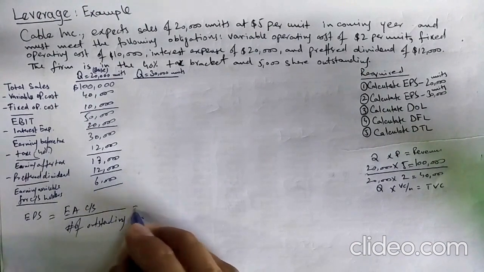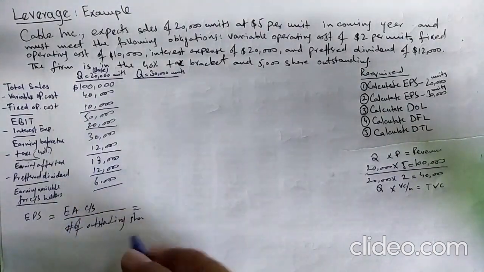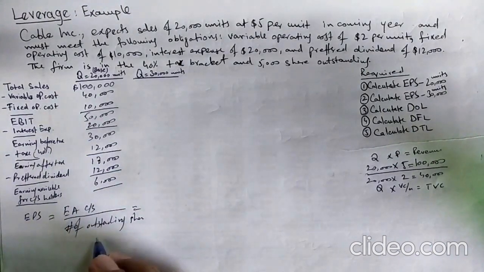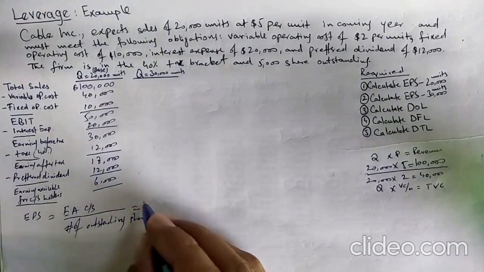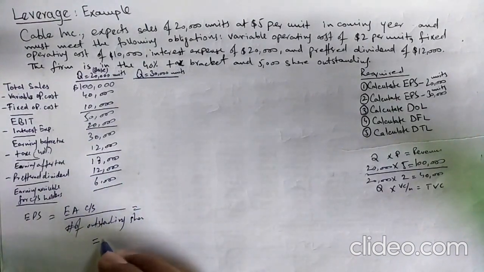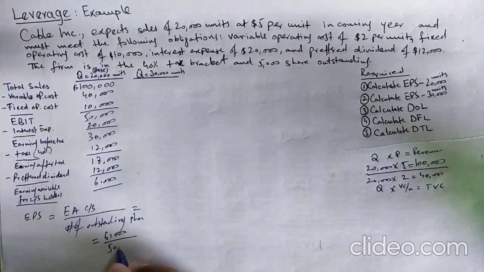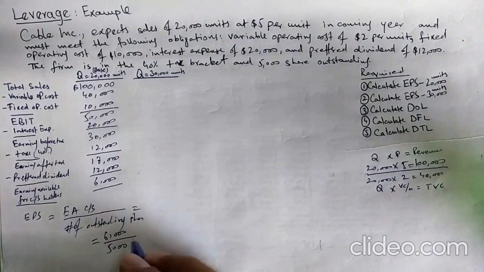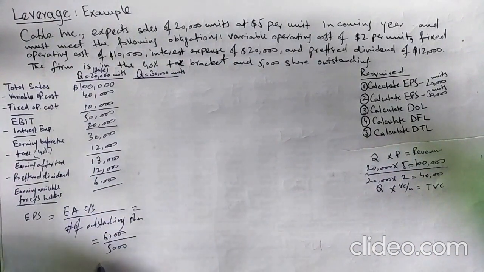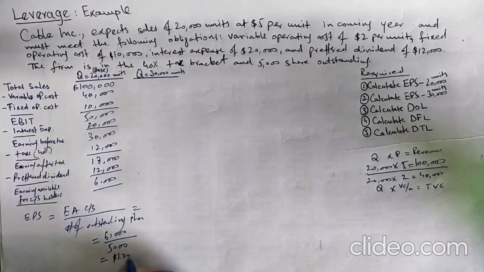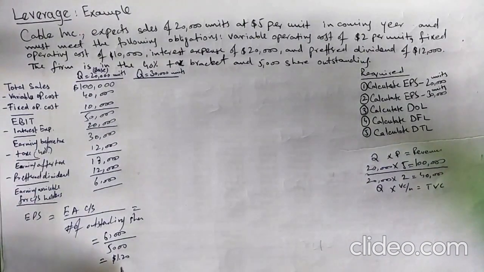So the earnings available for common shareholders in this case is 6,000, divided by the number of shares, 5,000. So 6,000 divided by 5,000 is equal to 1.2. So earning per share is 1.2.